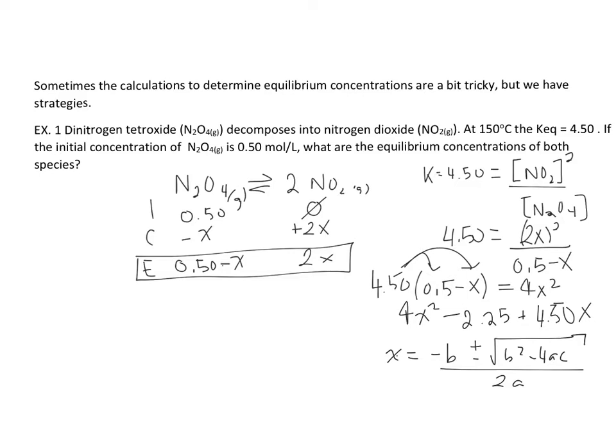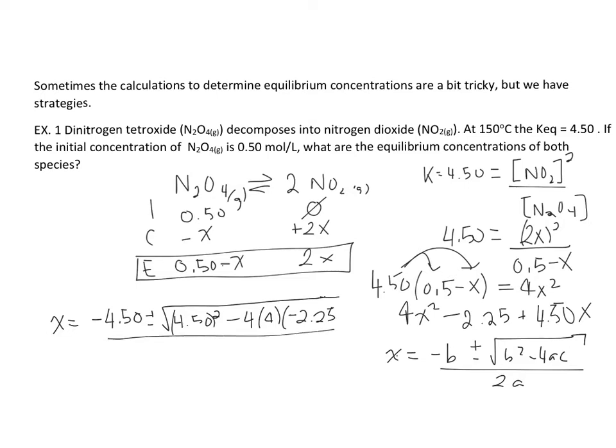So negative 4.5 plus or minus the square root of 4.5 squared minus 4, a is 4, and c is minus 2.25, all over 2 times 4.